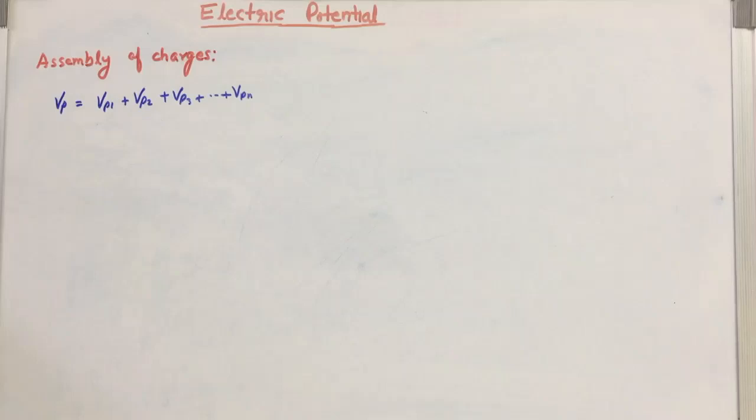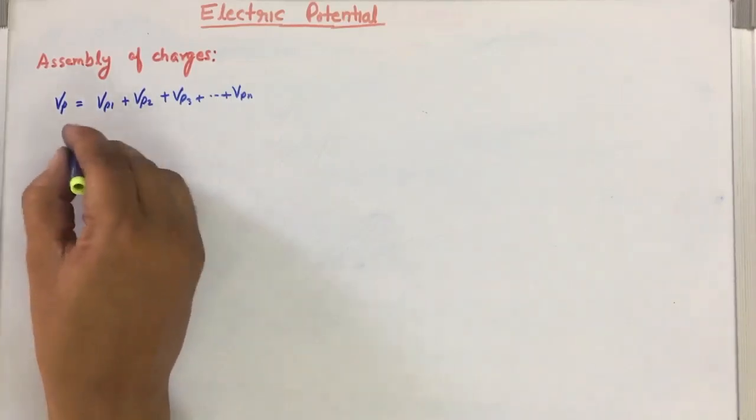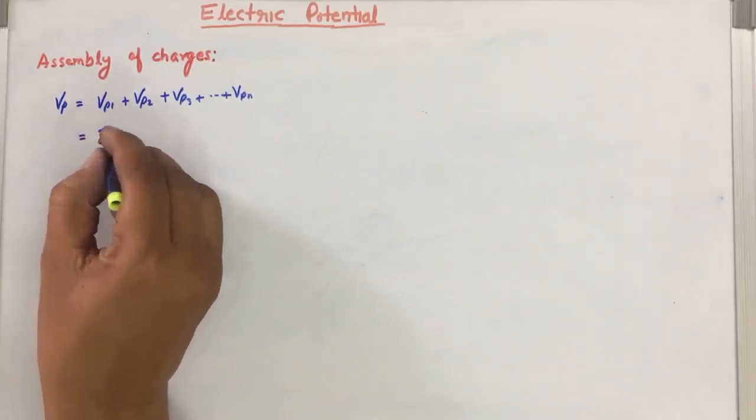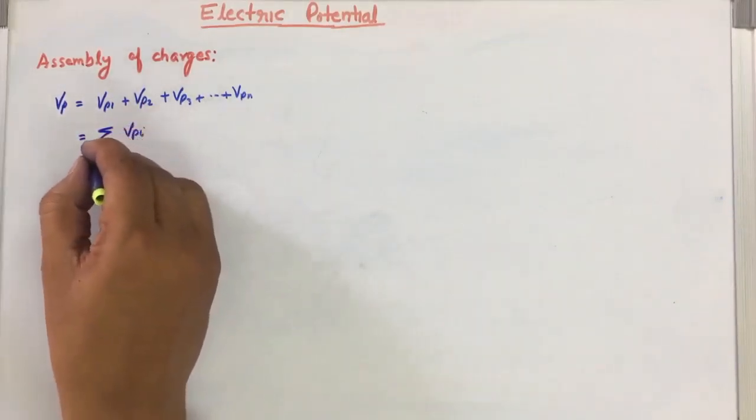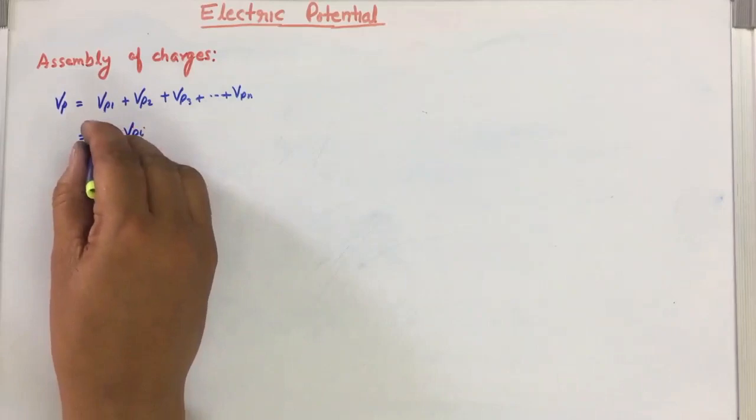Like that, no need to draw the figure, you can visualize the image, and in that case we can write the potential will be the sum for i equal to 1 to n.